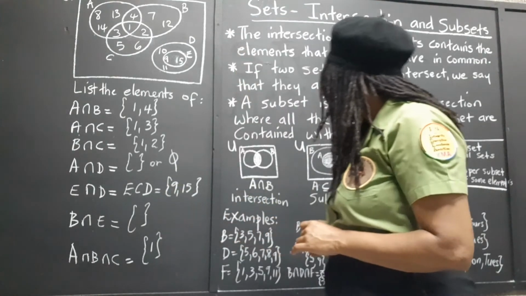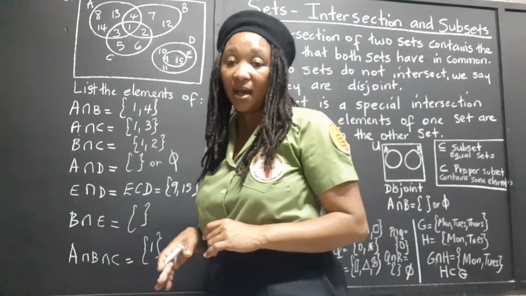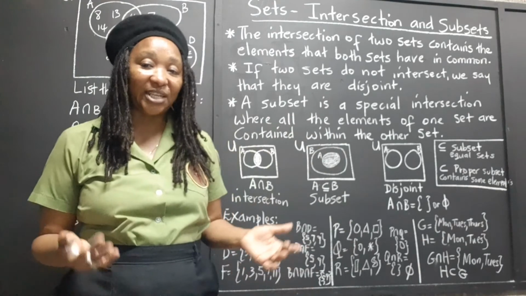And remember, if sets are disjoint, it means that they don't intersect, and their intersection is the empty set or the null set.